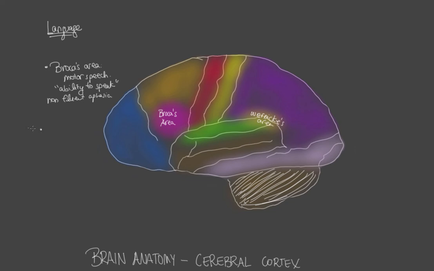Both of those regions are on the left side in the predominant population. And so Wernicke's area is not so much important for speaking or motor speech, but it's important to understand written and spoken language. So it's more so for language comprehension.